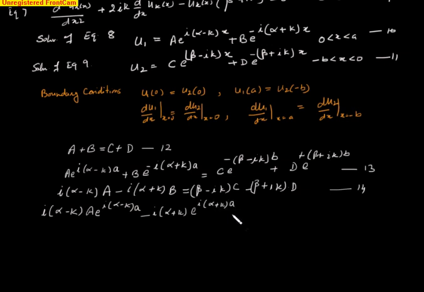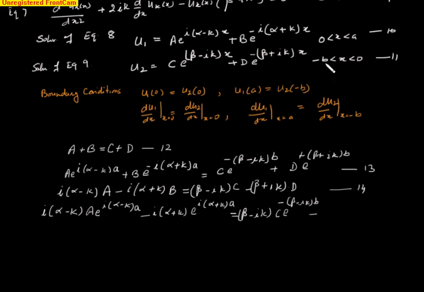Equal to, the right hand side will be the u2 term, so differentiating this. I have to multiply these terms, therefore we get here b times β times (β − ik) c e^(β − ik), and I have to put here minus b because it is at minus b, so b, and here I will get a minus term.